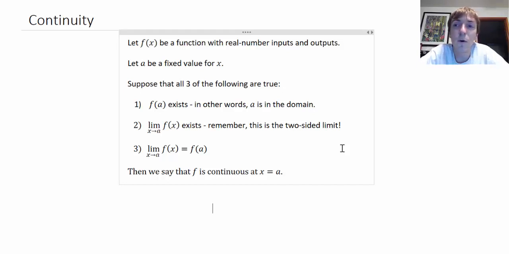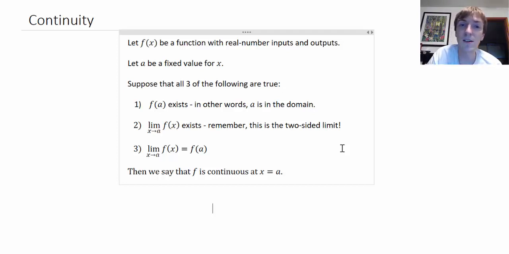But I do think that 1 and 2 are very important to keep in mind, because most of the time when a function is not continuous, it will be because of 1 and 2, not because 3 is the one that's not satisfied. We'll see that in the examples later on. But if all three of these are true, so I'm going to go through them again: f of a exists, the limit also exists, and they're equal. If all three of those are true, then we say that f is continuous at x equals a.